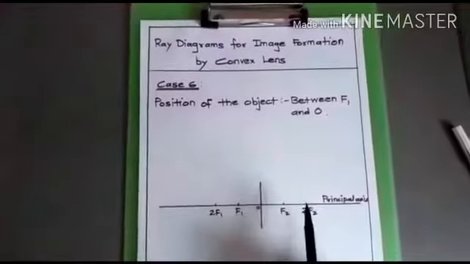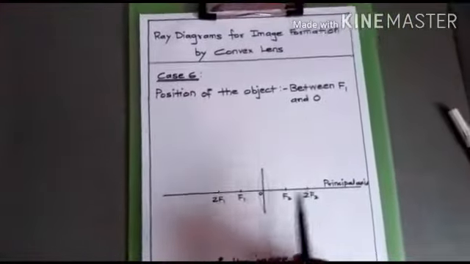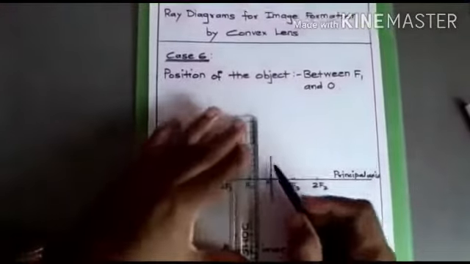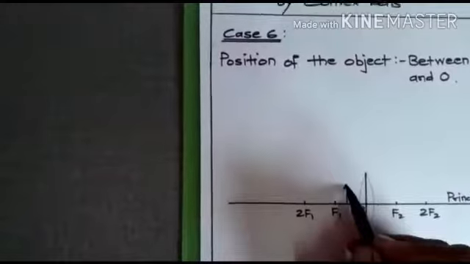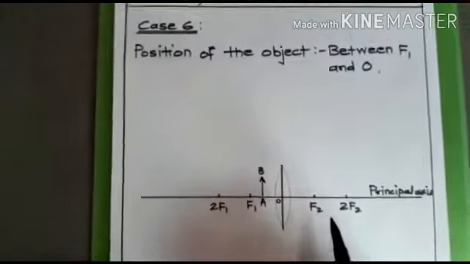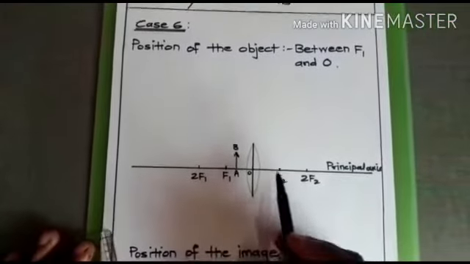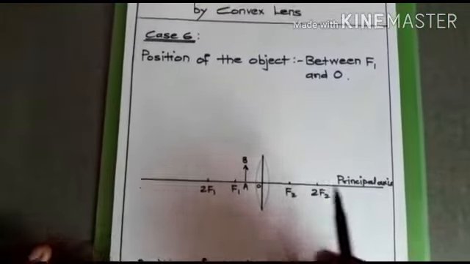Case 6. Position of the object between F1 and O. Here let us use rule 1 and 3.